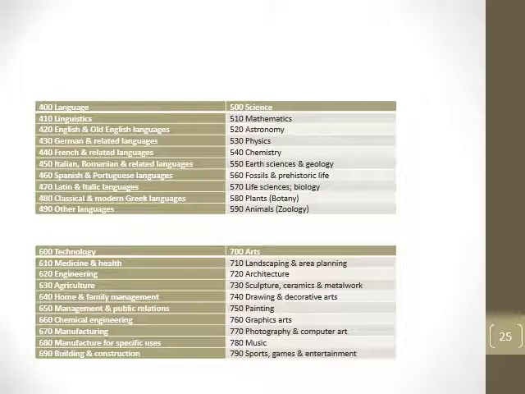In the class of 400, that is language, it starts from 410 linguistics and ends with 490 other languages. So also in the class of sciences, which starts with 510 mathematics and ends with 590 animals or zoology. We can see in the class of technology, where medicine and health is 610, and building and construction 690. In the class of 700, that is arts, 710 is landscaping and area planning, which ends in 790 sports, games, and entertainment.